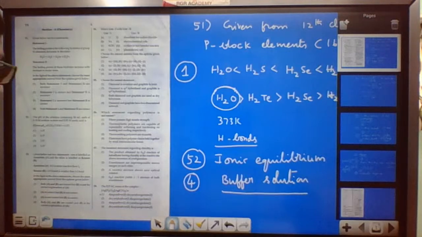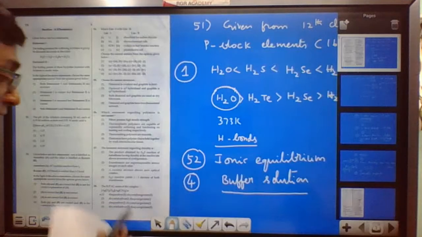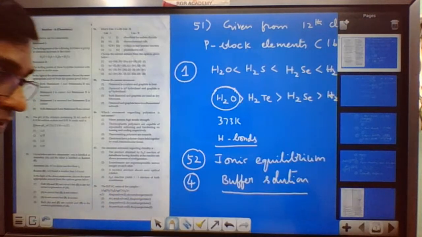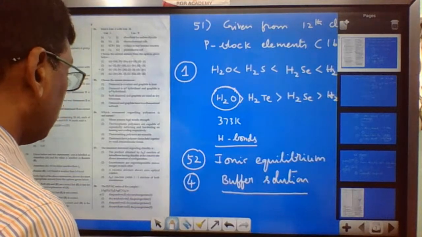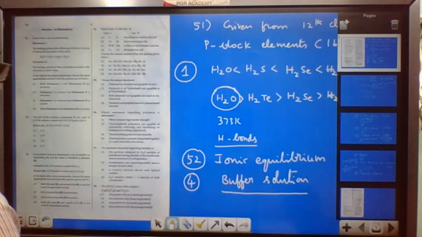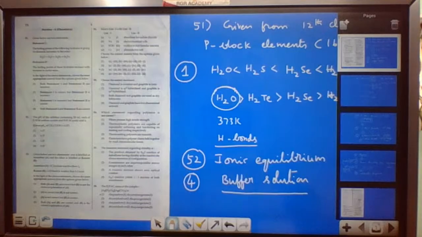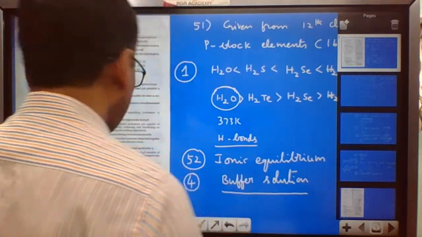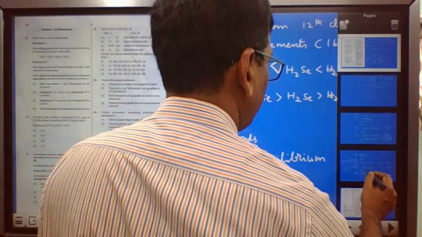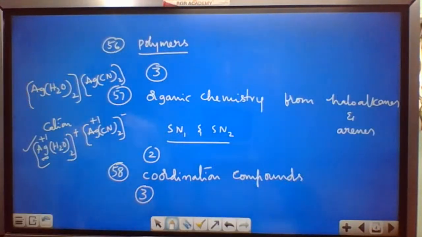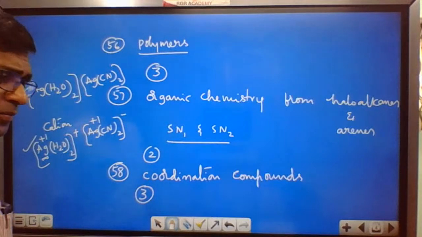Coming to the second one, no, first we have to name the cation, and that is also wrong. Then diaquasilver(I), dicyanoargentate(I) is correct. So option 3 is the right one for 58. 3 is the right option.